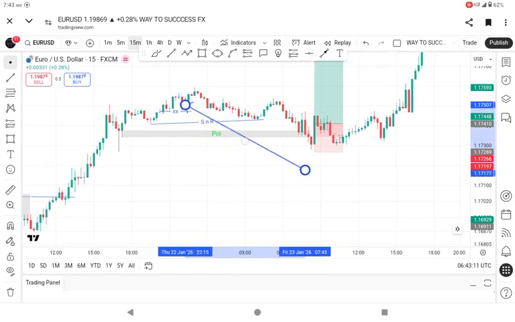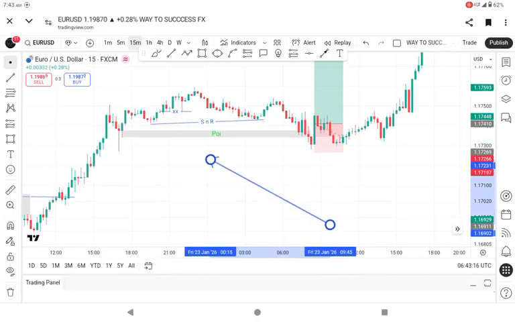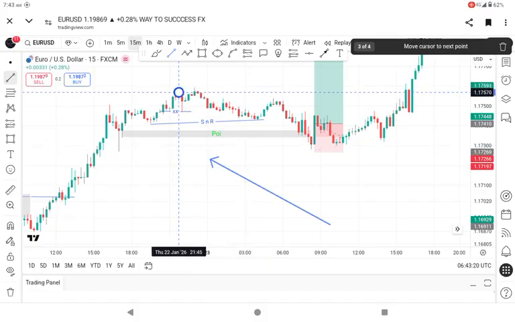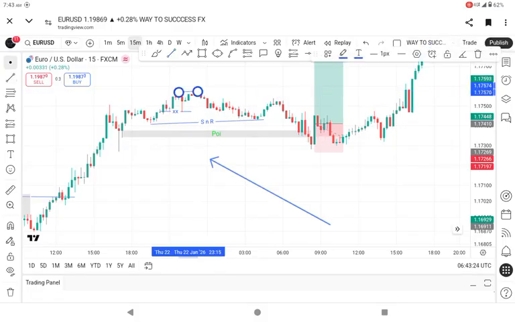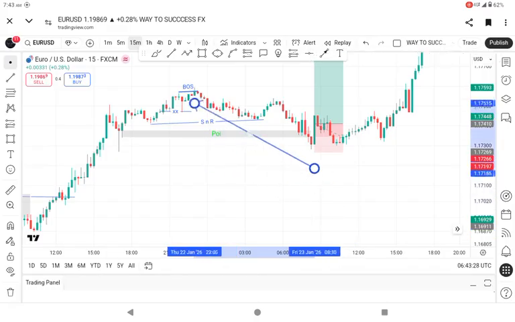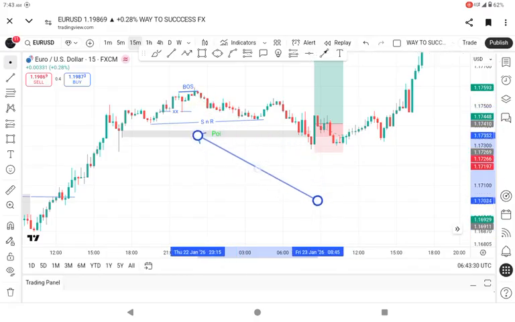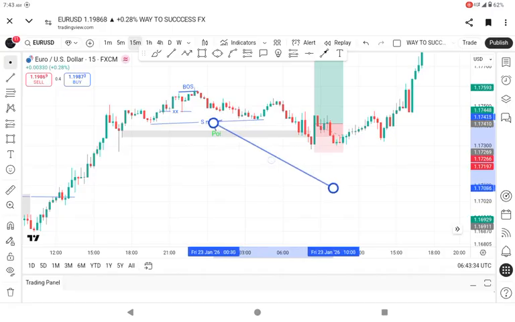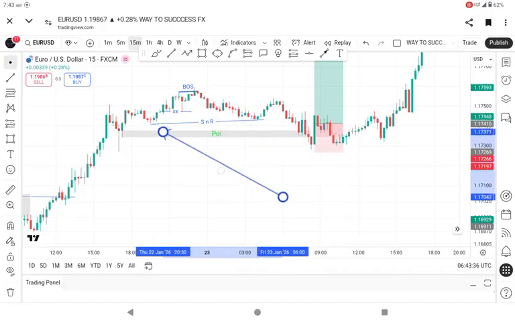The market took out another inducement here and broke above this high, giving us another break of structure at that level. And after this break of structure, we are willing to sell here.